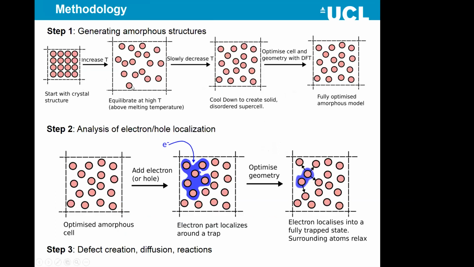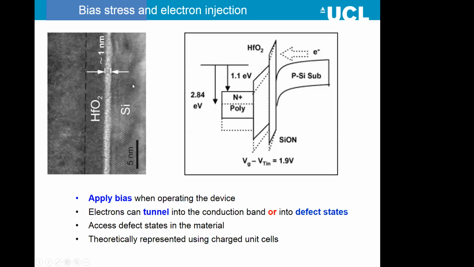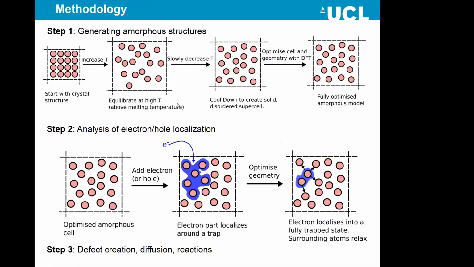The methods which we use: in many of these devices, these oxides are amorphous. This also gives some flexibility to these devices, allowing them to be deposited on plastic, etc., which is beneficial. But on the other hand, it introduces a lot of disorder in these systems.